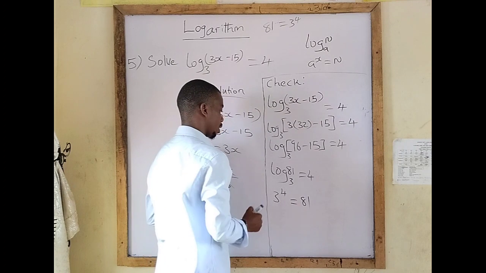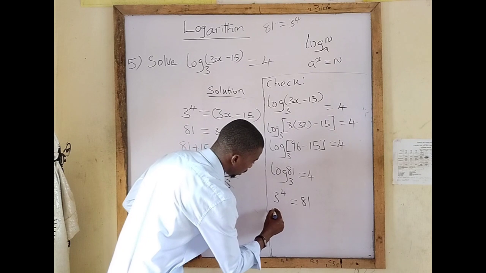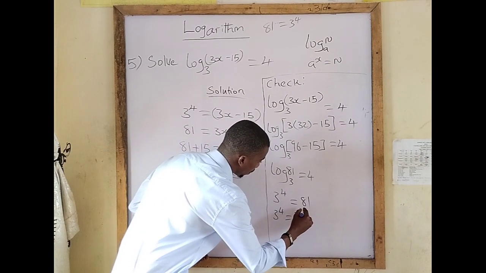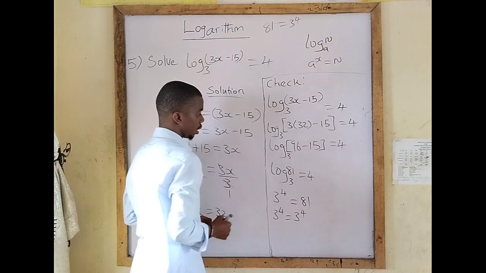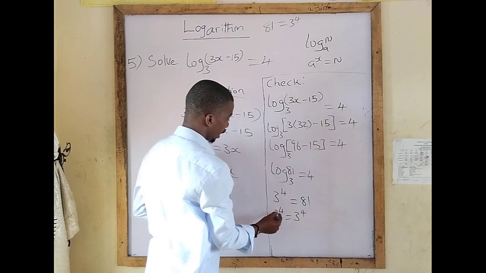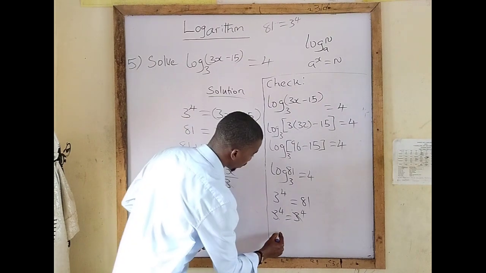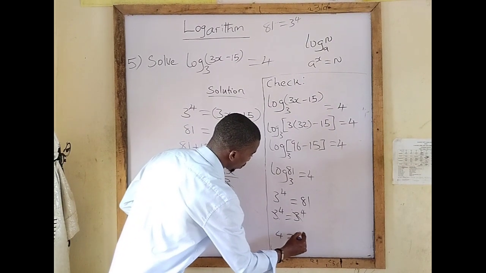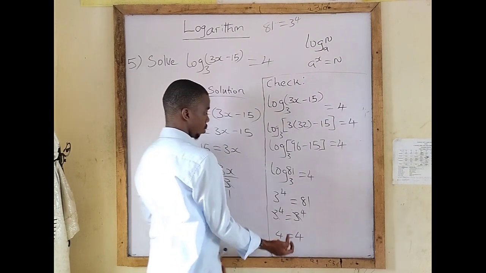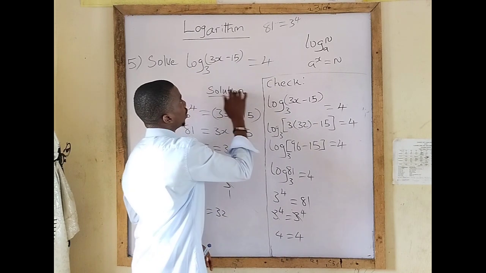So if we write 81 in its index form, it is 3 raised to the power 4, and the bases cancel off. So I will have that 4 is equal to 4. So now you can see that we have 4 on this side of the equation, and we have 4 here, so it is equal to the other side.